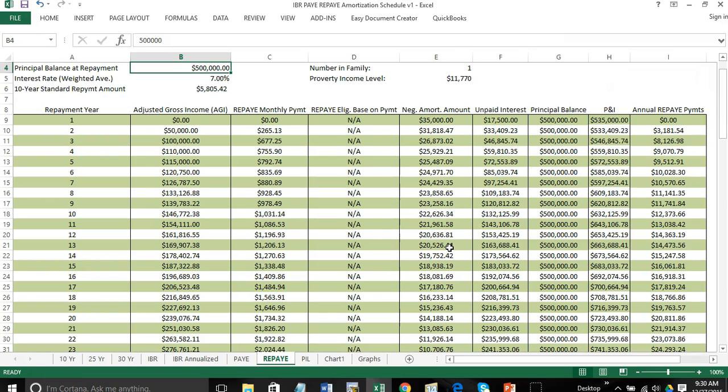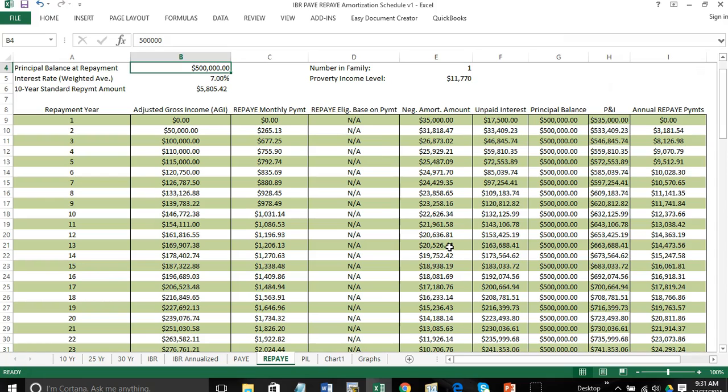So just be aware of that. Because it's going to be forgiven, that compounding or capitalization is mitigated to a certain degree, and the savings that you would realize from the 50% subsidy with REPAYE will more than offset the interest capitalization when moving from one income-driven repayment program to the next.